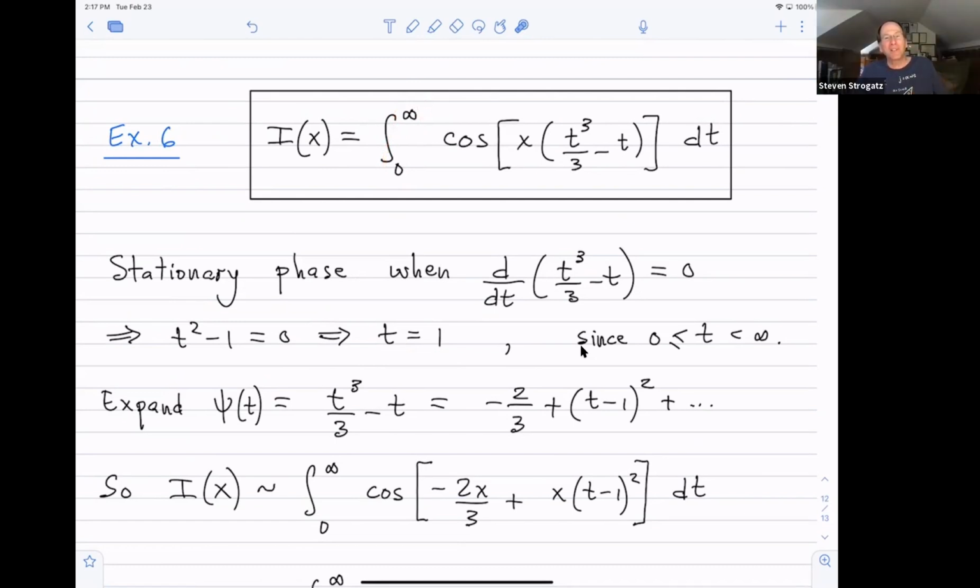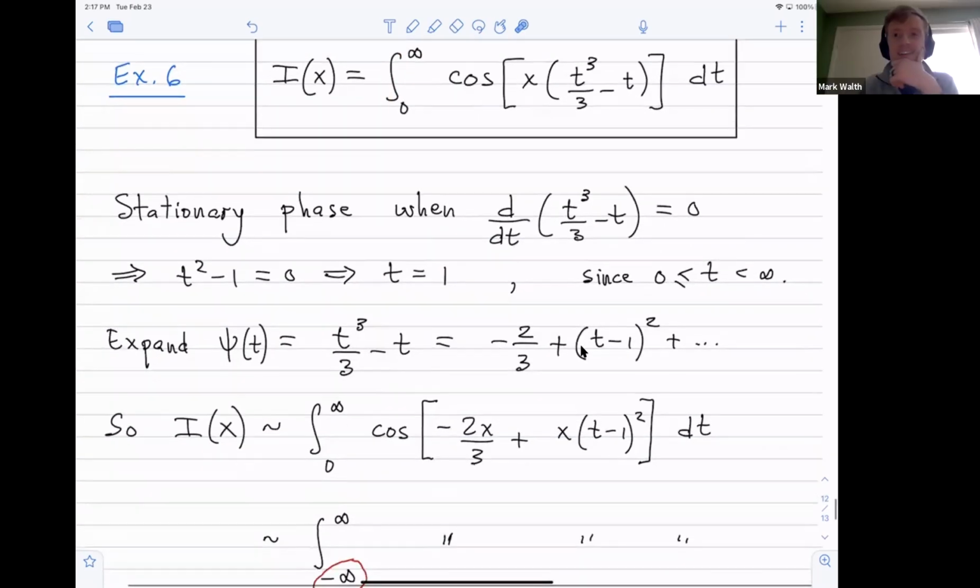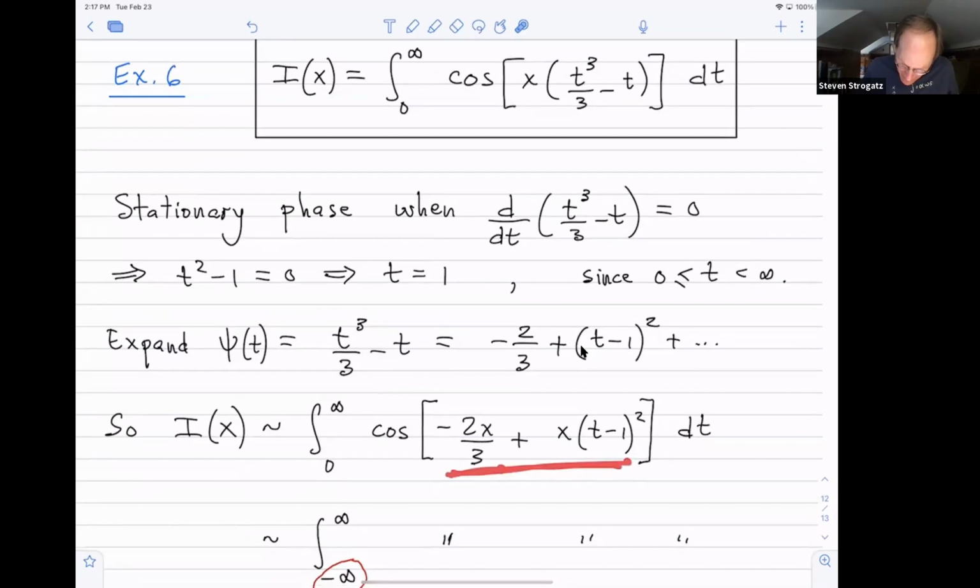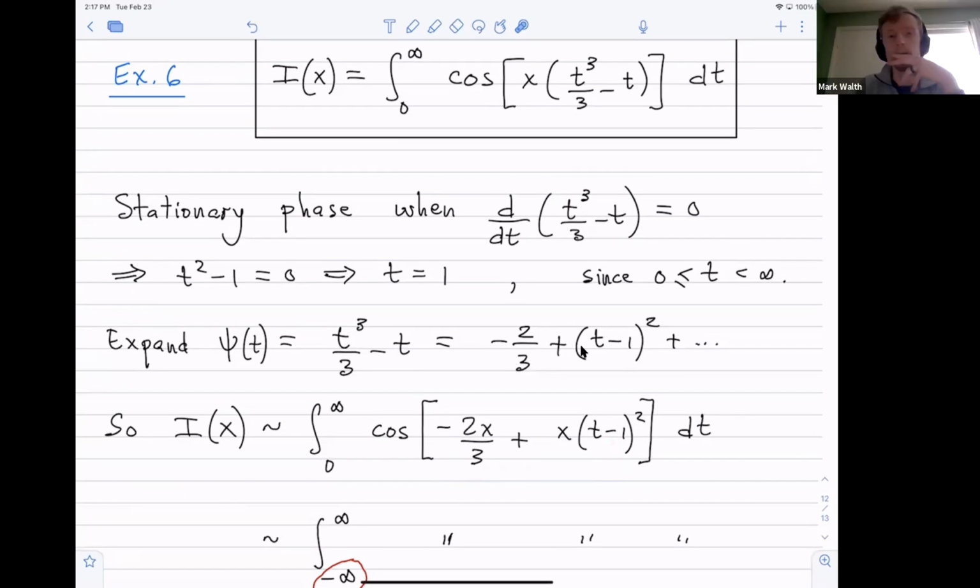Right. But the thing is, so it's true, but it's not a point of stationary phase for this. I mean, now that I've made this Taylor approximation around the 1 point, the only point of stationary phase, now that I've done this, is the one at t equals 1. Oh, okay, I see.